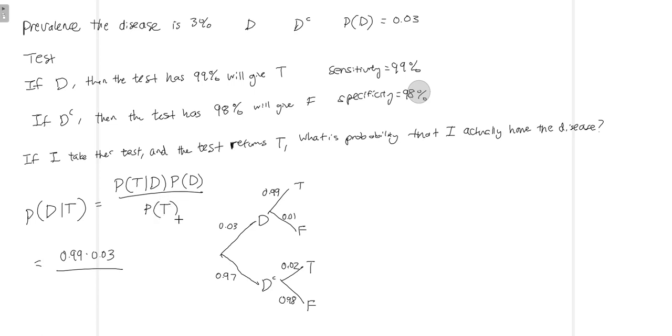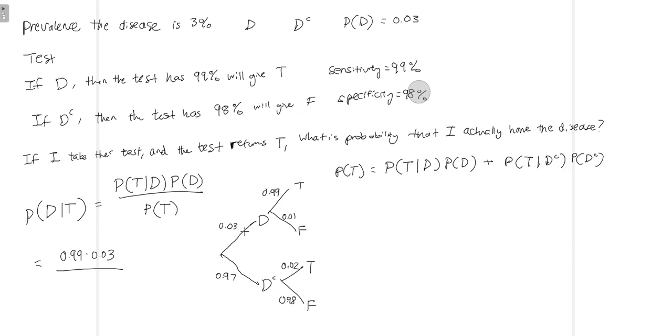getting a positive response. Now what that is, according to the total probability rule, this P(T) is equal to the probability of T given D times the probability of D, plus the probability of T given DC times the probability of DC.